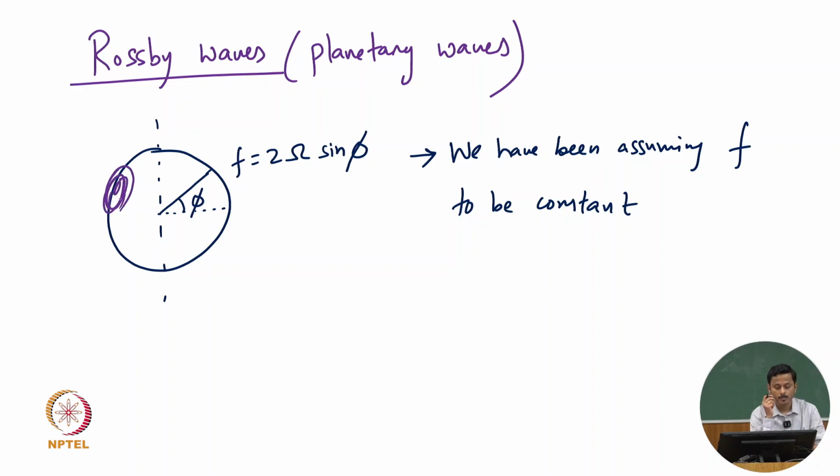The latitude of this portion is different from the latitude of the extreme end. The two extreme ends are at very different latitudes, one at, let's say, phi 1 and the other at phi 2.